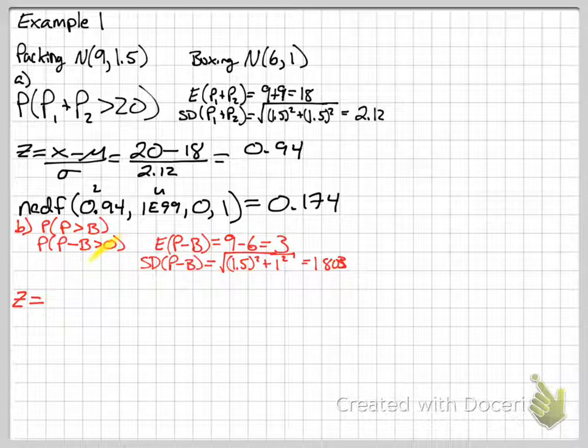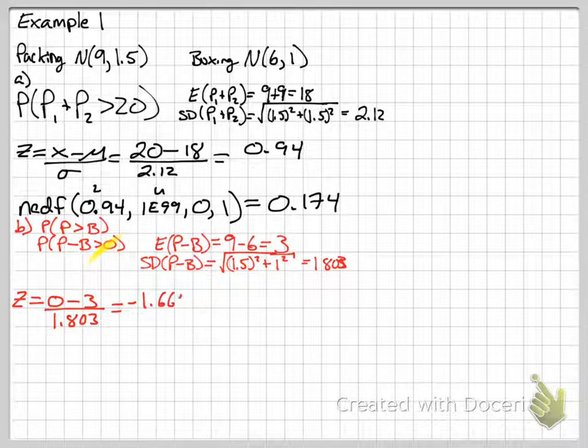So it's going to be 0 minus our mean that we found, which was 3, divided by our standard deviation, 1.803. And if you calculate that out, we get a z-score of negative 1.664.